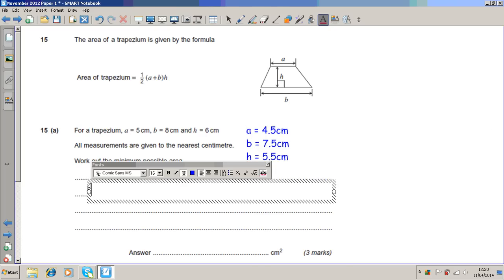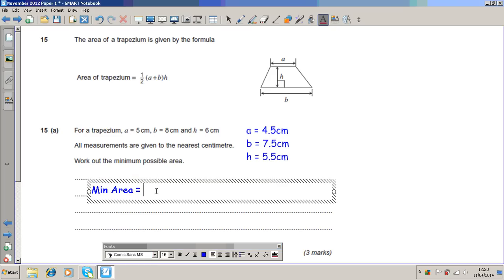So the minimum possible area, min area, equals half of A plus B times H. I'm going to change half to 0.5 just to make my life easier. A plus B, so 4.5 plus 7.5 times 5.5.